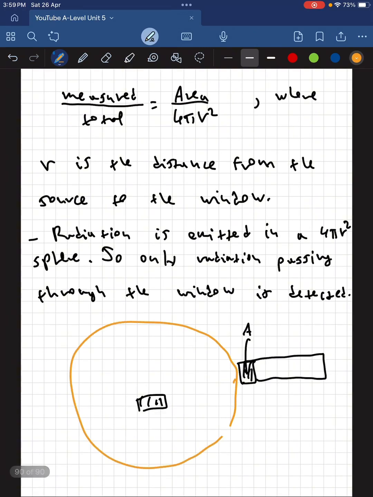Let me draw the sphere again. So this is the source, this is the window of radius A, and this is the distance from the source to the detector. All this radiation here is lost, right? And only radiation that passes through the window is detected. I hope this makes sense.